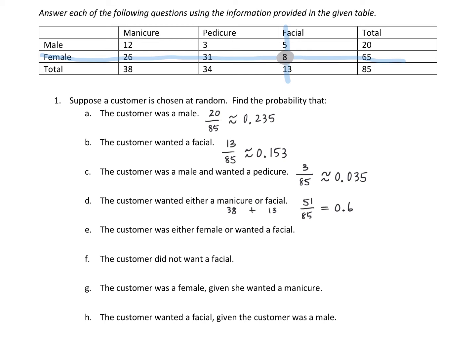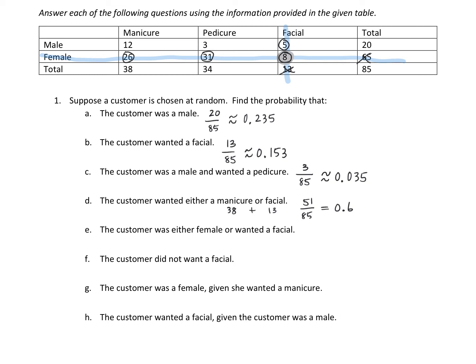So be really careful with that. What I would suggest doing is ignoring the totals and adding up each individual part. So we would add up 26, 31, and 8. That includes all the females. And then we also need to add in the 5 for the facial. Don't add up the totals. If you just do 13 plus 65, you're going to be adding an extra 8 because that 8 is being counted twice. So just count all of the sections that aren't the totals.